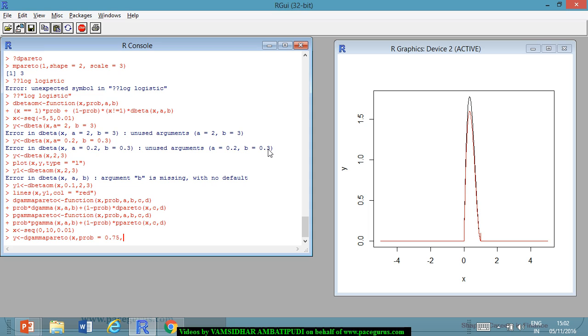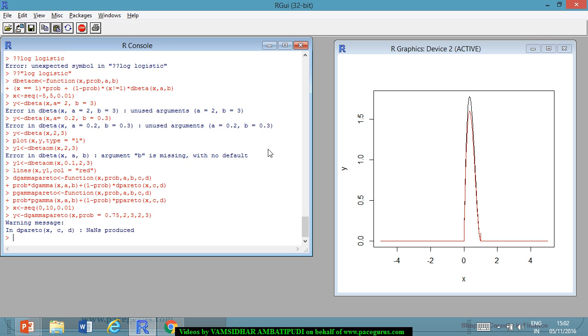There is a 75% chance that it follows a gamma distribution and 25% that it follows a Pareto distribution, right? So the gamma distribution has parameters 2, 3, and the Pareto distribution also has parameters 2, 3. In D Pareto, some NANs are produced.